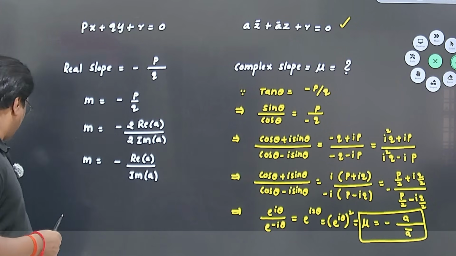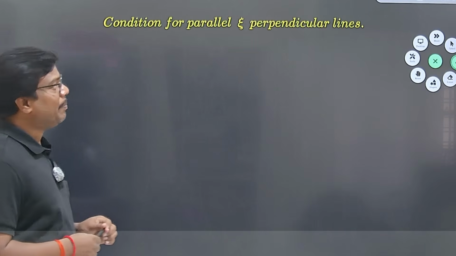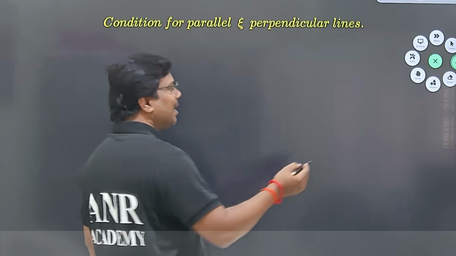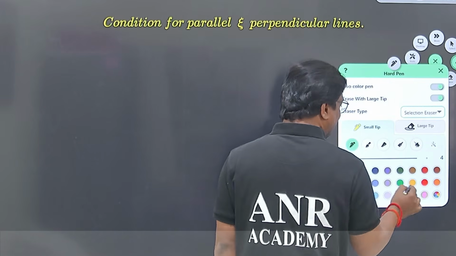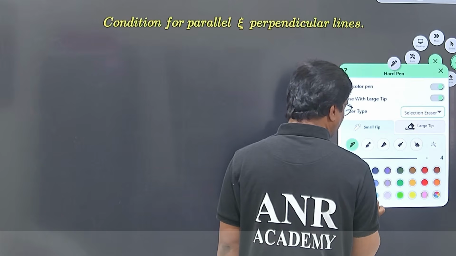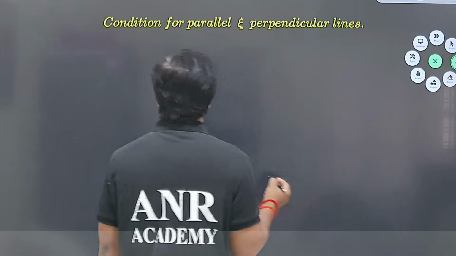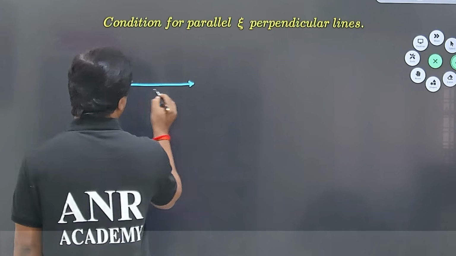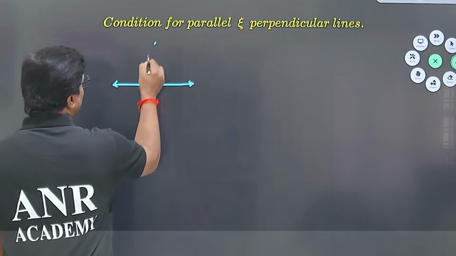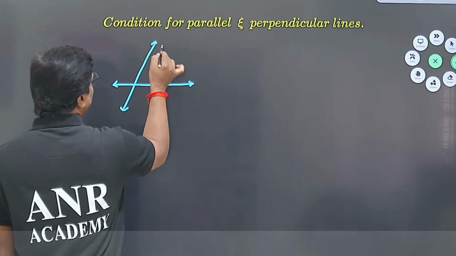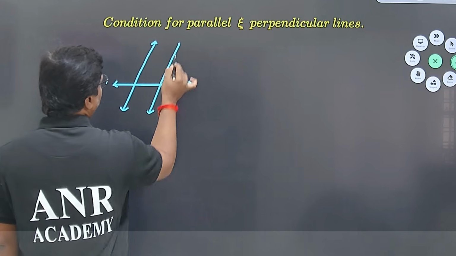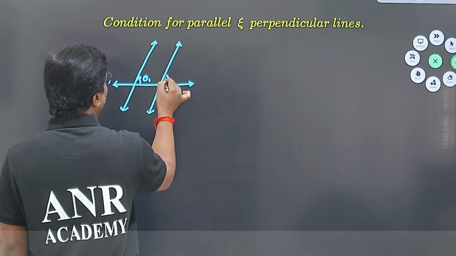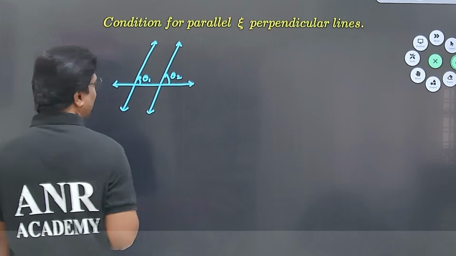This is about real slope and complex slope. Next, move to condition for parallel and perpendicularity. In the real number system, you know that when two lines are parallel, then their slopes are equal. Suppose two straight lines are parallel. Automatically angles of inclination theta 1, theta 2 are equal.